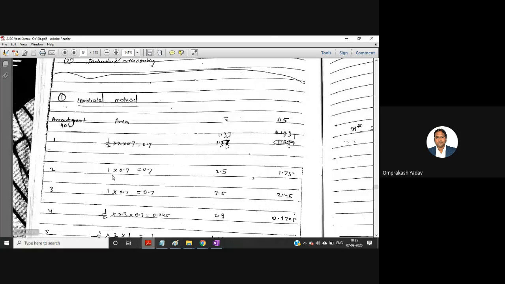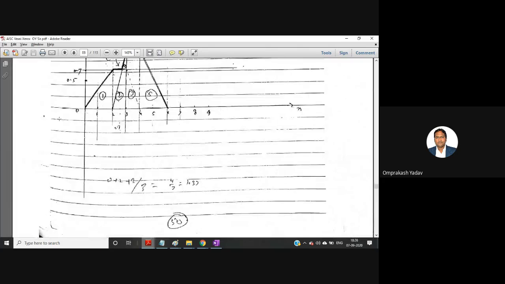If we consider this as the length, 1 unit is there, from 2 to 3, 1 unit, and this is 0.7, right? So 1 into 0.7 is 0.7. Clear?